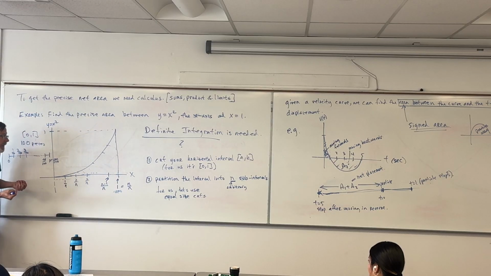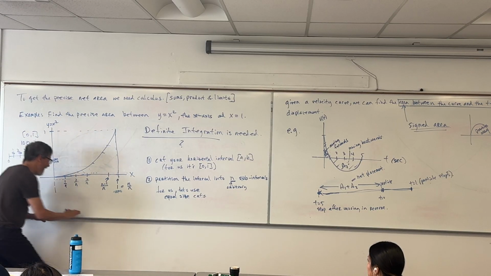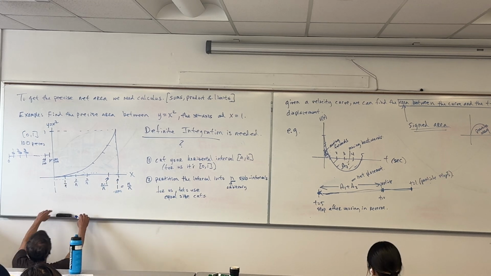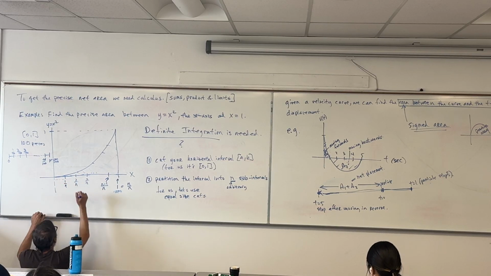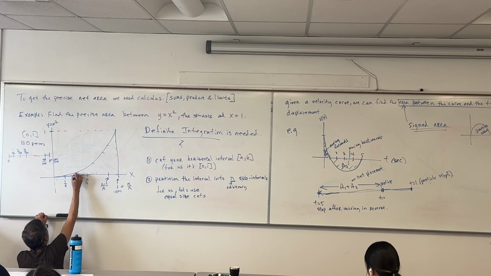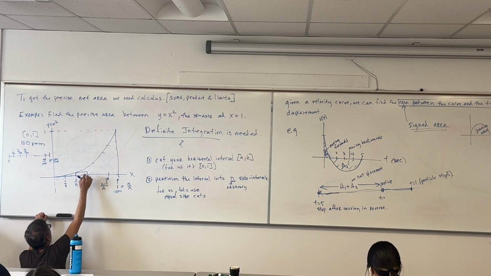Then to make life easy, sorry, before I tell you how I'm gonna make my life easy, remember how we used either the left endpoint or the midpoint or the right point to make our rectangles? Think about the difference. Here's a left endpoint rectangle on there. Here's a midpoint rectangle on there.